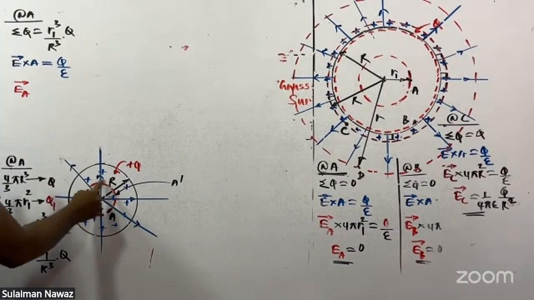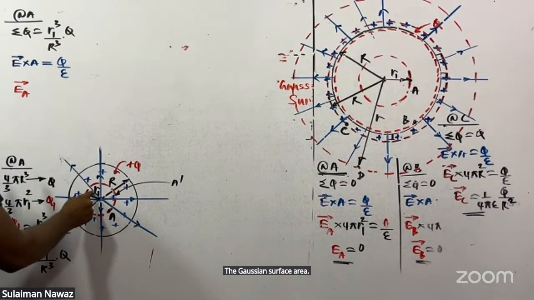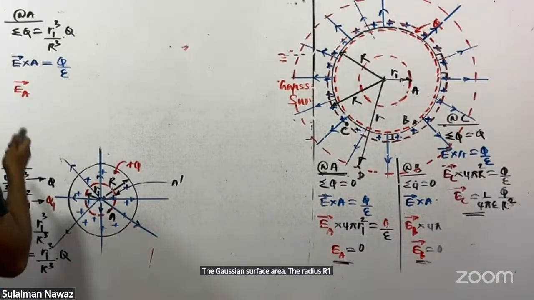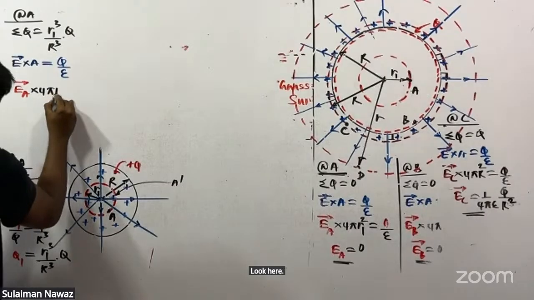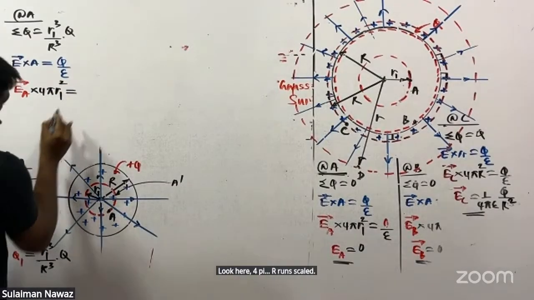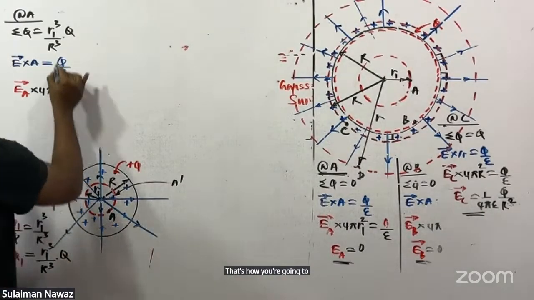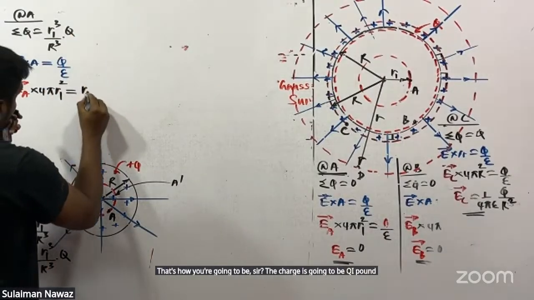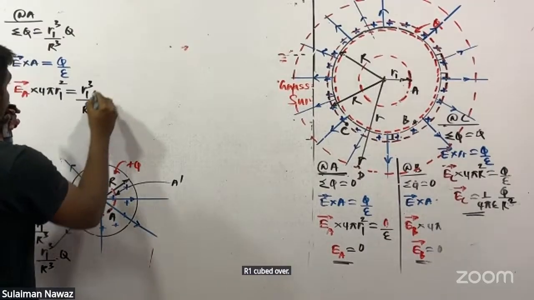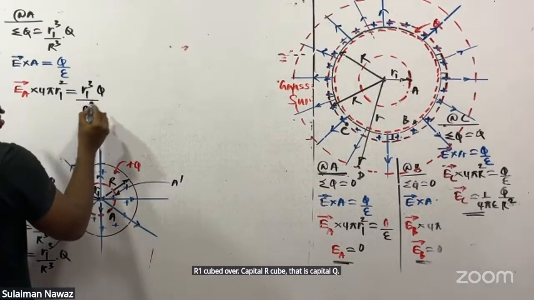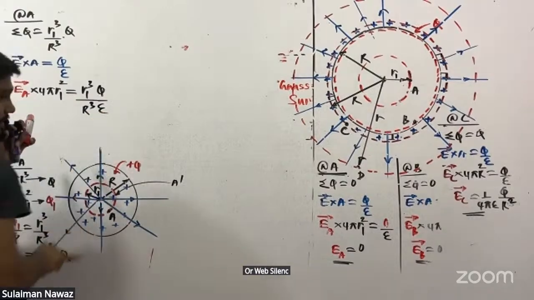The Gaussian surface area with radius R1 is 4 pi R1 squared. The charge is Q, which I found, R1 cube over capital R cube times capital Q, over epsilon.